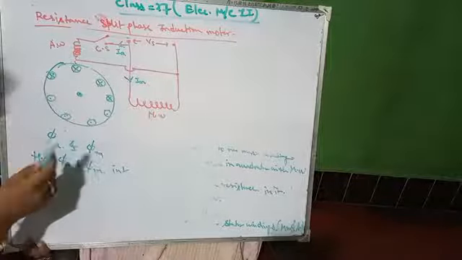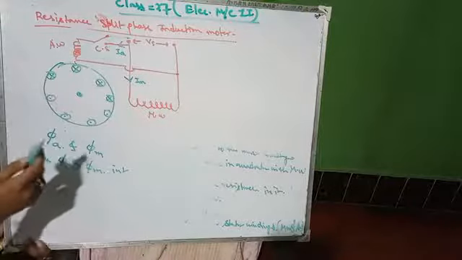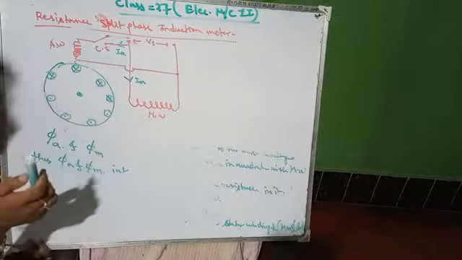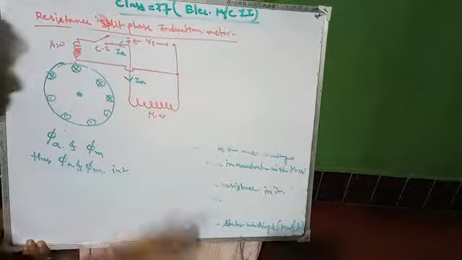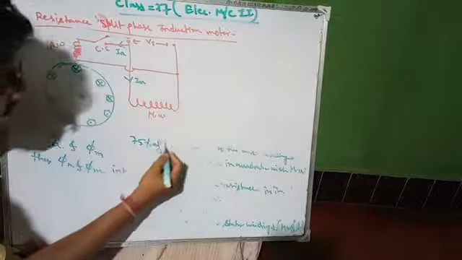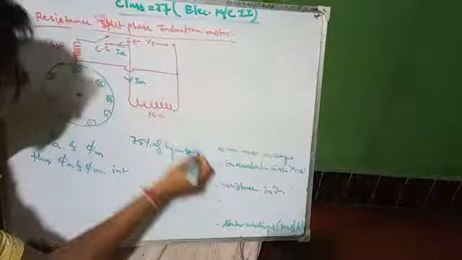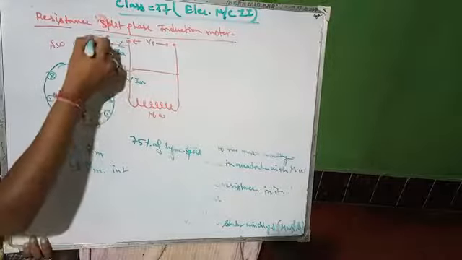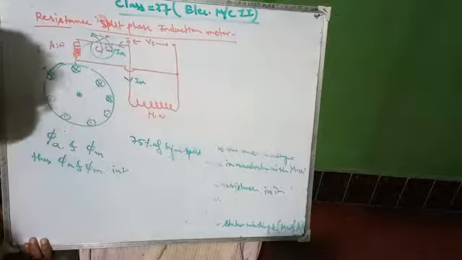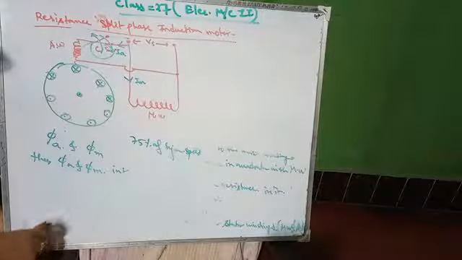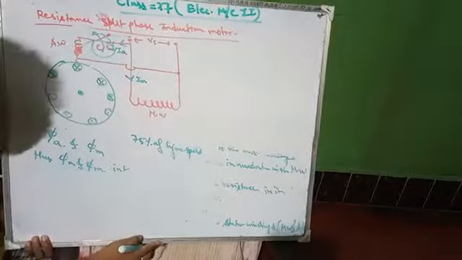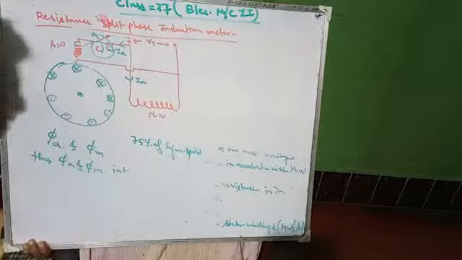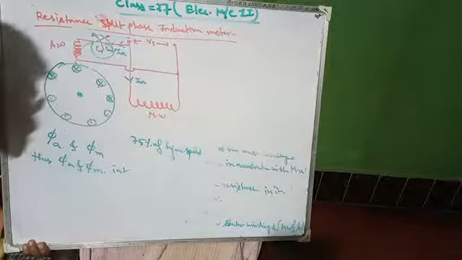Once the rotor achieves 75% of the synchronous speed, the centrifugal switch CS is turned off, and the motor remains in rotating state with a single phase only, that is, MW only.